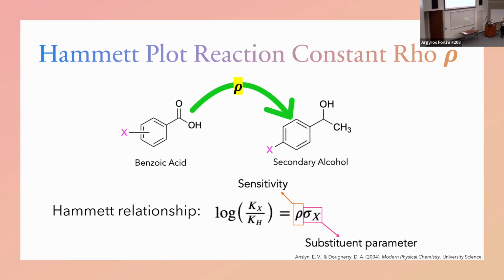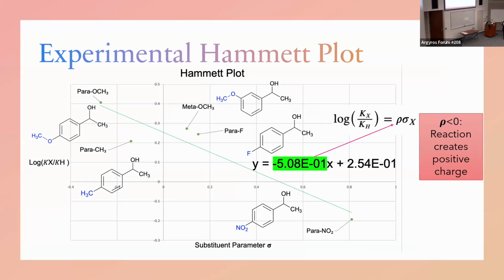So we adapt the same equation that takes the log of the rate constant ratio, and this time the result equals the rho sensitivity parameter times the sigma value, which is the substituent parameter from the table in the last slide.